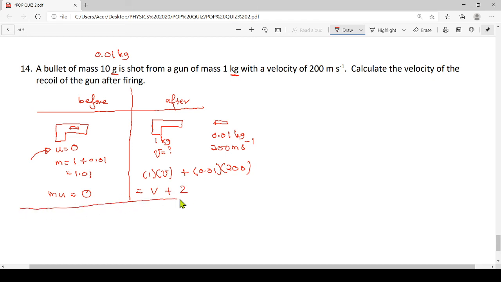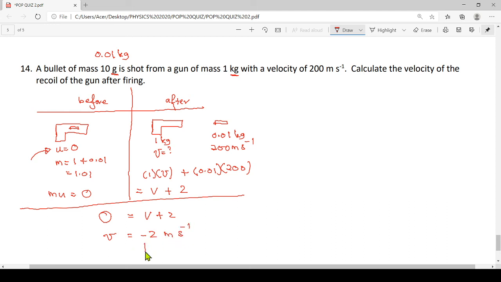What comes next? Principle of conservation of momentum. Before the collision, the total momentum is 0. After the collision, it is v plus 2. So what is my v? That is negative 2 meter per second.